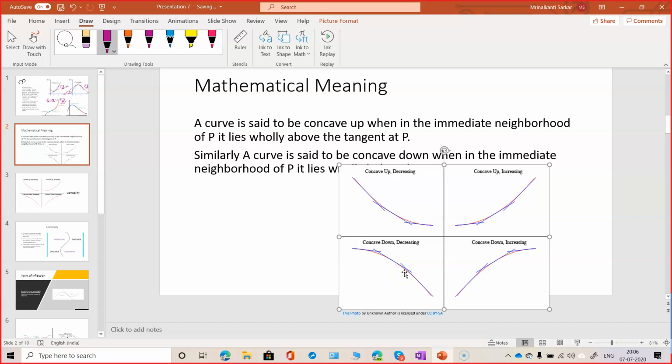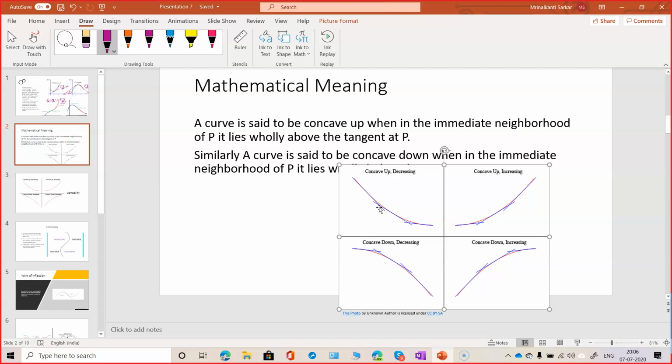So one can say that at a point, if I want to discuss concavity, then the graph will lie above the tangent drawn at the point. So one can say that it is concave at this point because the graph is above the tangent at that point. So one can remember the meaning of concavity in this manner.